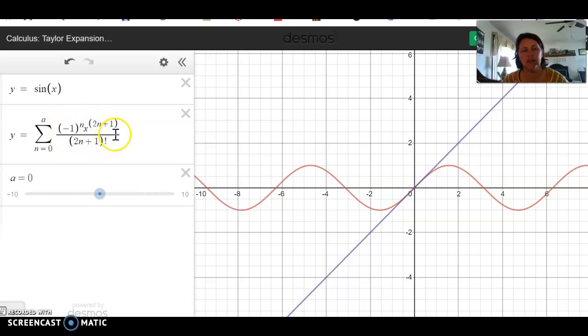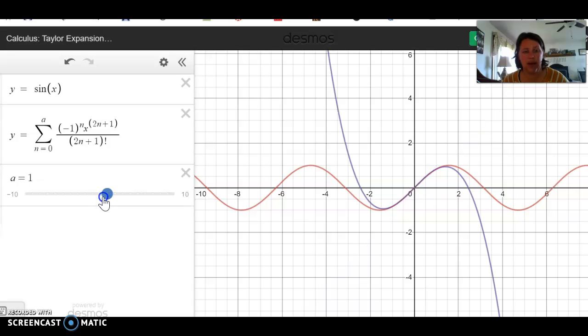Then a, in this case, equals 0, so we only have one term right now, and this is not a very close approximation. So we are going to move a up and see what happens.